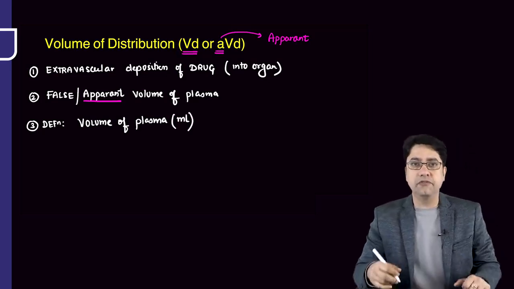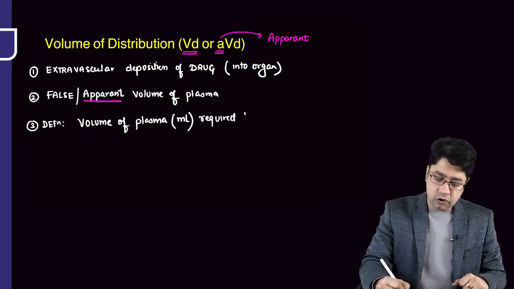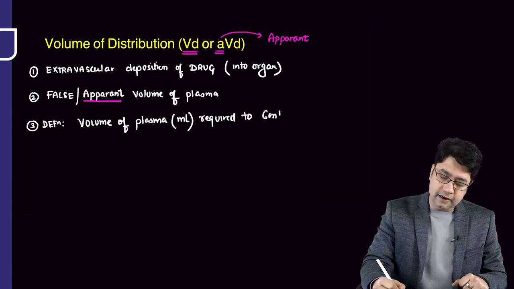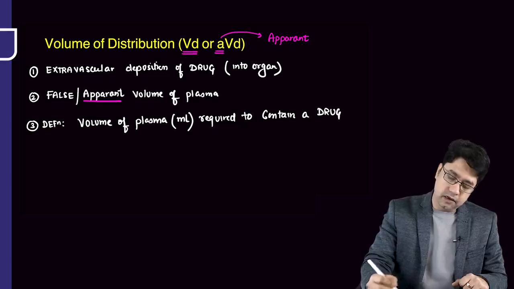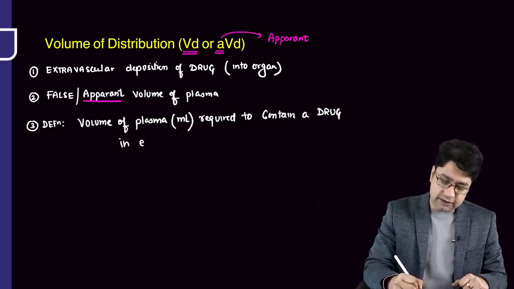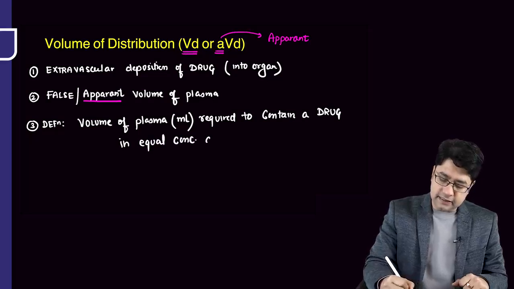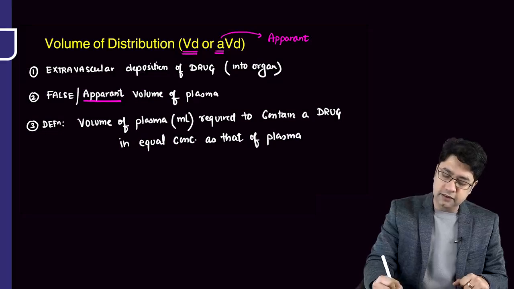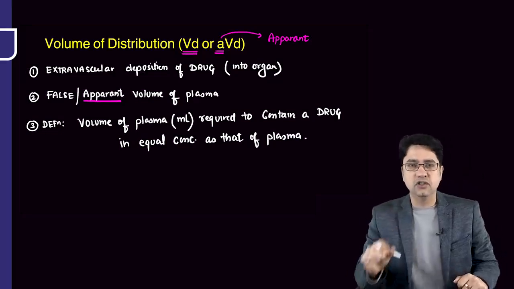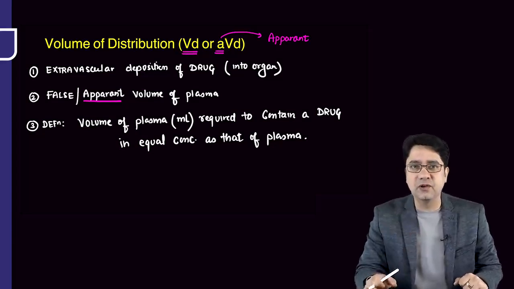It is the volume of plasma required to contain a drug in equal concentration as that of plasma. Now, I hope you have not understood this definition. So first, let me make you understand, and then again we will come back to this slide.